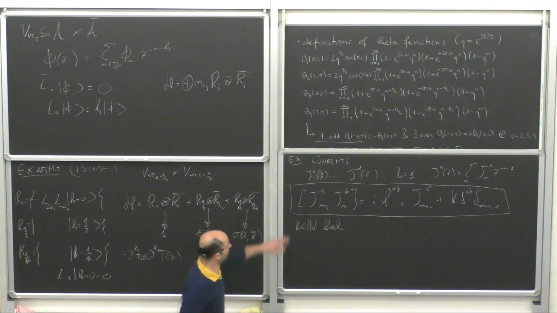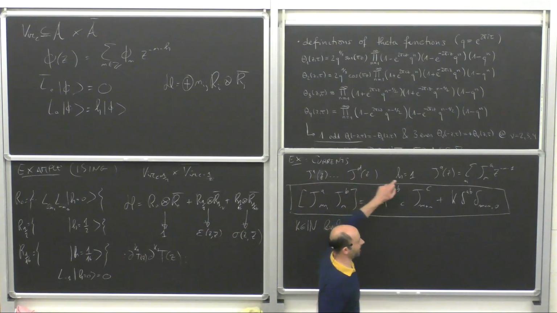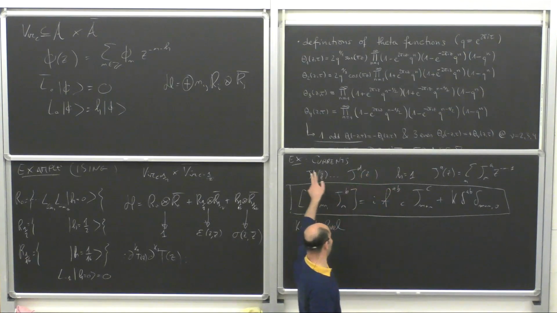Holomorphic fields of weight 1 are called currents. So that's why it's called a current algebra.